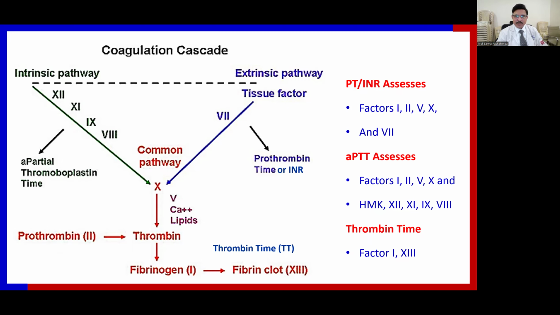It assesses factor 1, factor 2, factor 5, factor 10, and 12, 11, 9, and 8. Okay. And thrombin time assesses factor 1 and factor 13. 13 is the Fitzgerald factor. Okay. So this is the test.